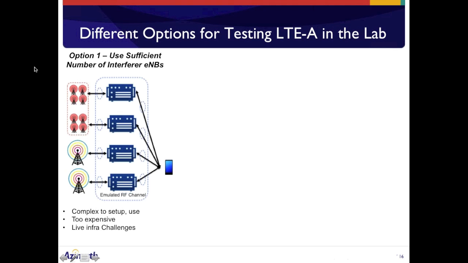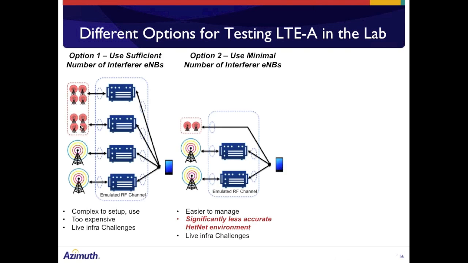Simple example: if my small cell is in the presence of a macro cell and I want to change the cell ID of the macro cell from 100 to 101, I can't change that on my own. I have to open a ticket, and my infrastructure vendor comes and changes it. So there are a lot of challenges associated with using live infrastructure, especially as your interferer.